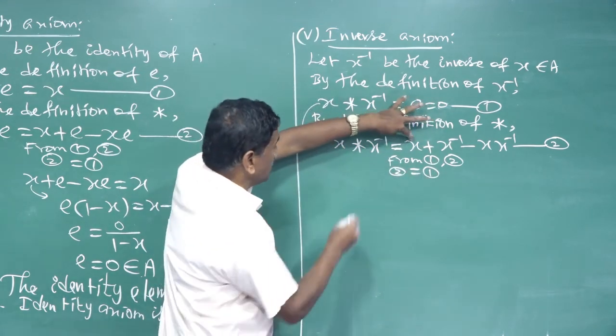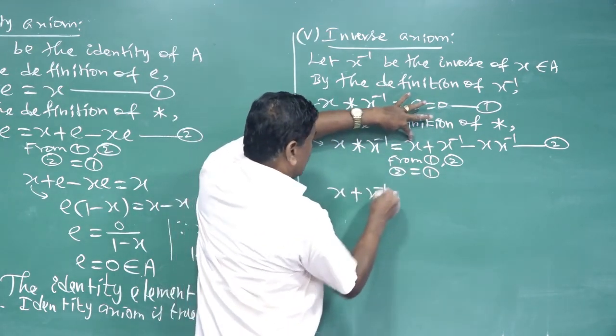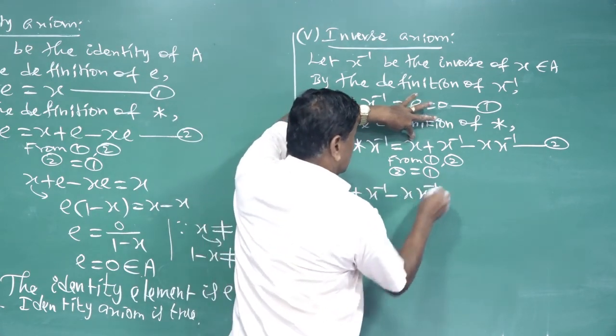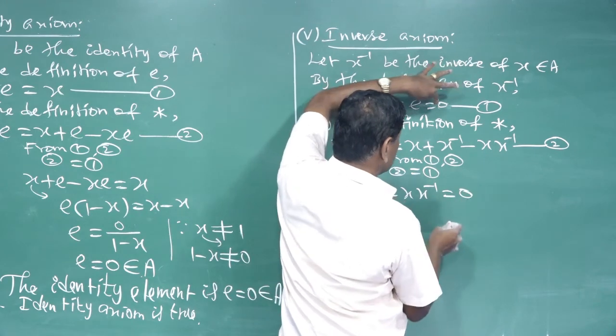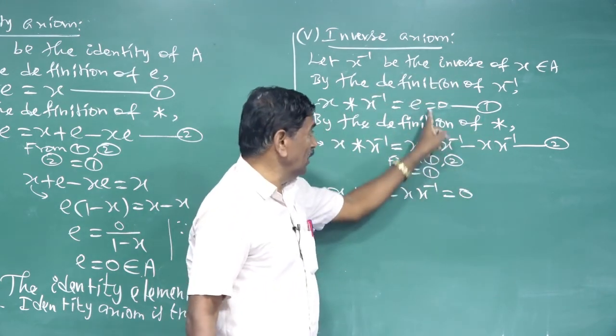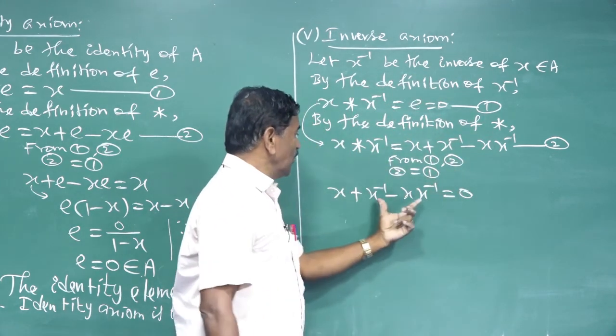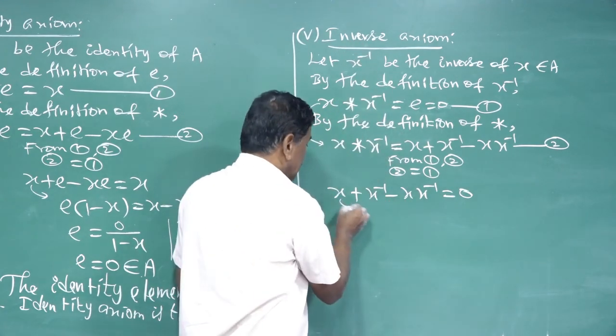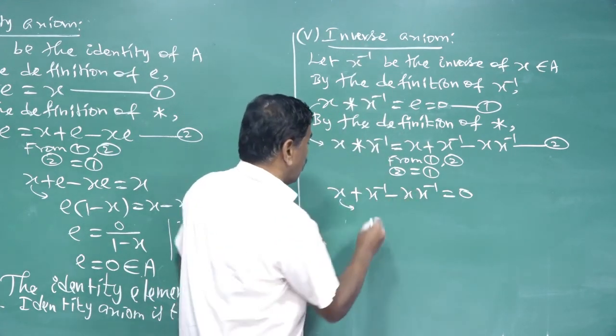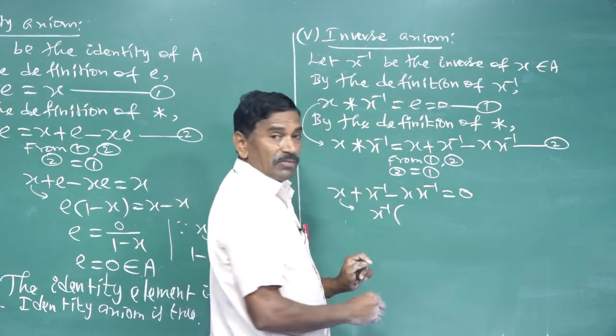What is the second equation? Yes, X plus X inverse minus X inverse, which is equal to 0, because E equal to 0. Now, inverse is the topic. So X inverse on the left side, others on the right side. Now X inverse common. X inverse into, what is remaining?